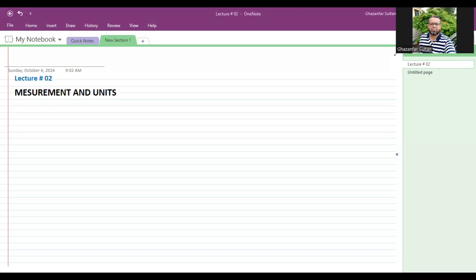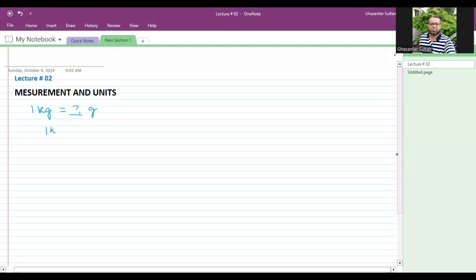For example, if you want to know the relationship between smaller and bigger units, for example, 1 kilogram and gram. From the table that we discussed in the previous video, kilo means 1000.